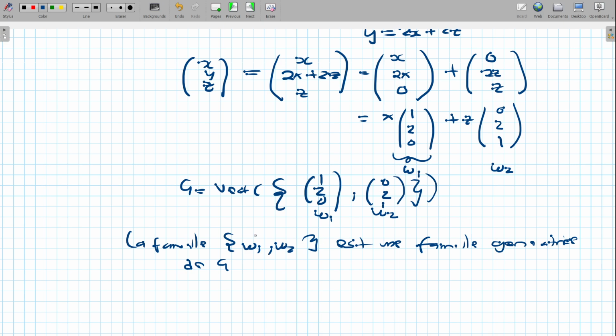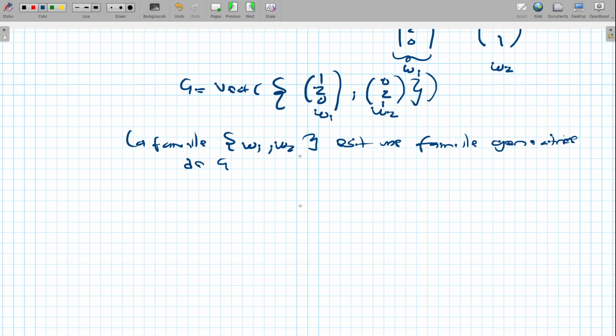There's no way I can find a scalar alpha such that this 0 is going to be compensated for. But you can check if you want. Even for this other 0 here, there's no way of finding a scalar such that I compensate for it. Right. So la famille, I'm just going to write the conclusion, but I'll leave it for you guys to check.